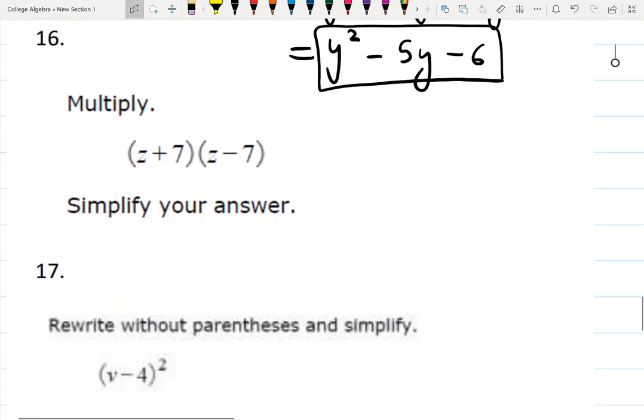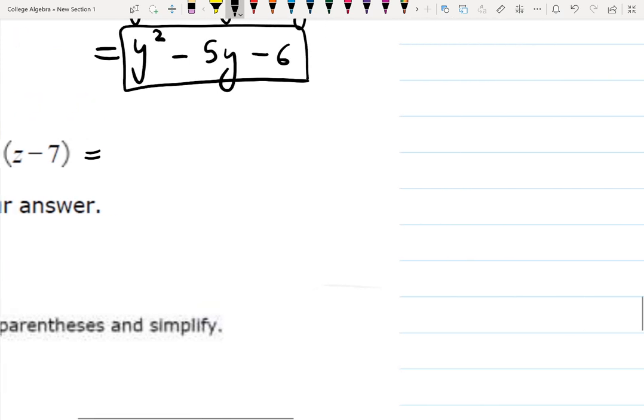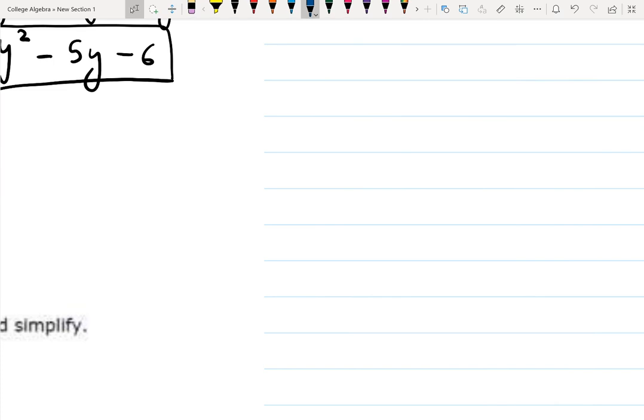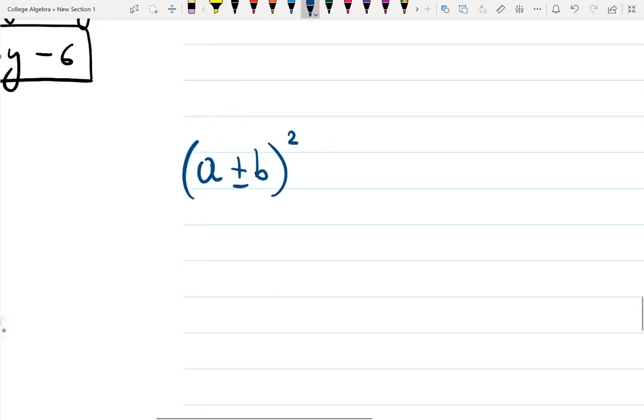Let's repeat it again. Z plus 7 times z minus 7. Either I'm going to be distributing everything right now, and you can see it's still possible and not too hard, or I will use the formula and I will write it down for you. Two formulas you need to know really, really well. The square of the sum or the difference, a plus b squared, also it can be minus, is: you square the first term, then you add or subtract, depending on plus or minus, the double product of the first term and the second term.